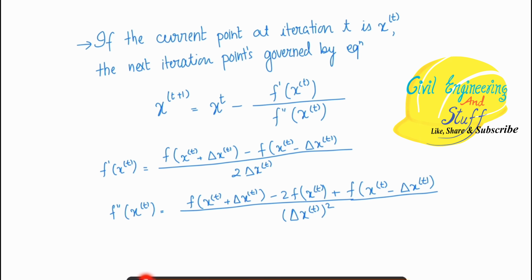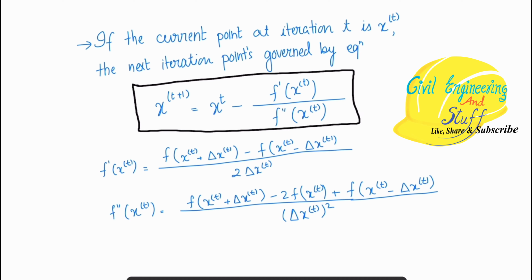So basically, the current point at iteration t is xt. That is, suppose you have taken the first point xt. The next point will be found using this equation.